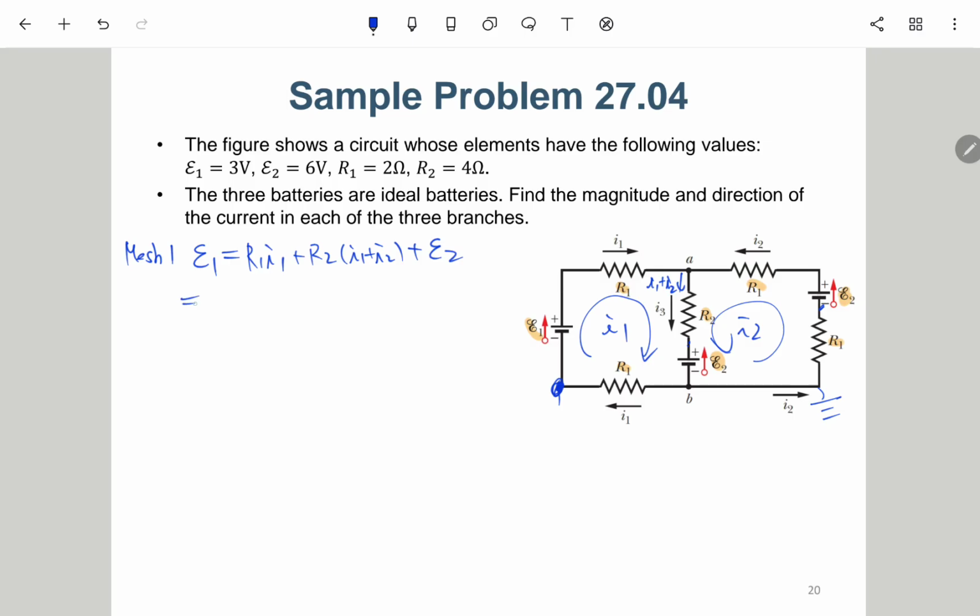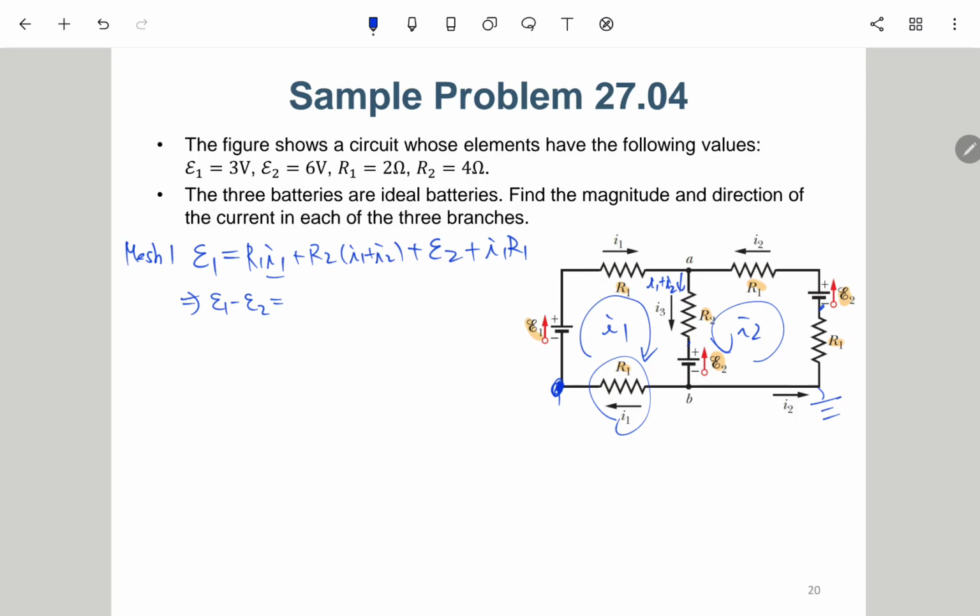Here we can slightly rearrange the terms. We have E1 minus E2 equals, let me see, this is I1. I forgot, here we still have another R1, so we have plus I1 R1.